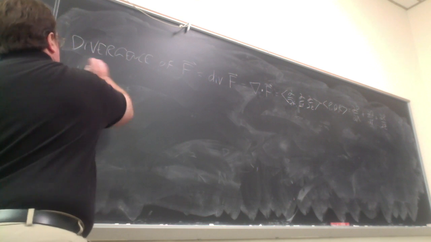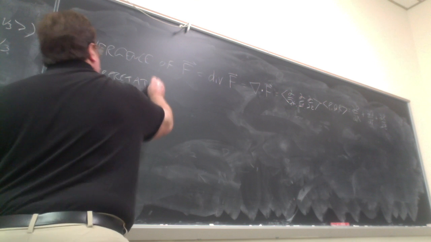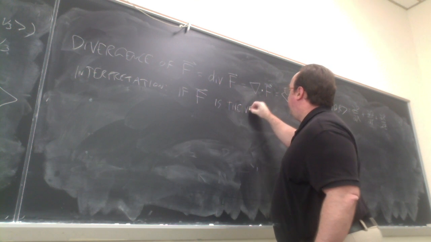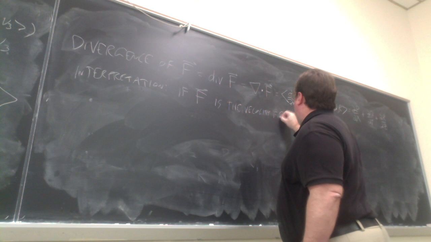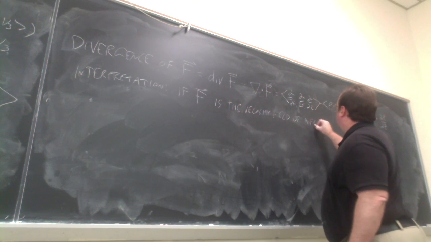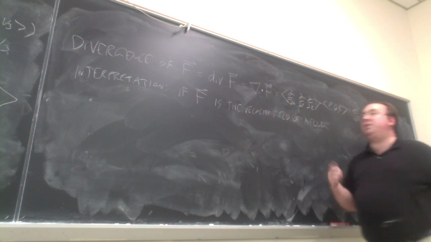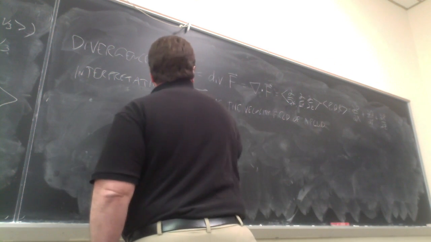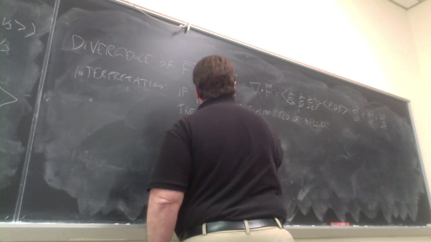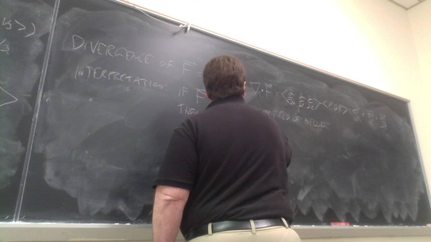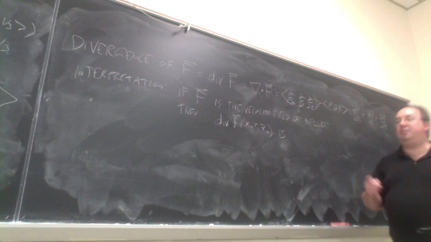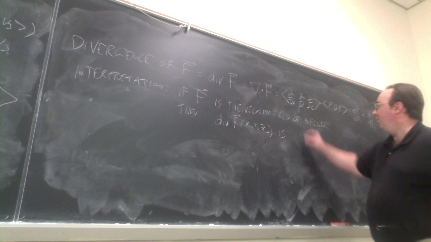So the interpretation: if the vector field F is the velocity field of some fluid, so P, Q, R indicates at any particular point the vector, the direction in which the fluid is traveling at that point, then you have different interpretations depending on whether this divergence at a particular point is positive, negative, or 0.